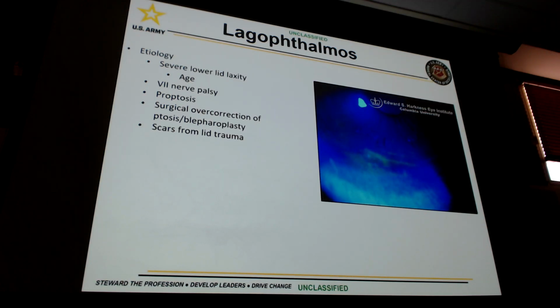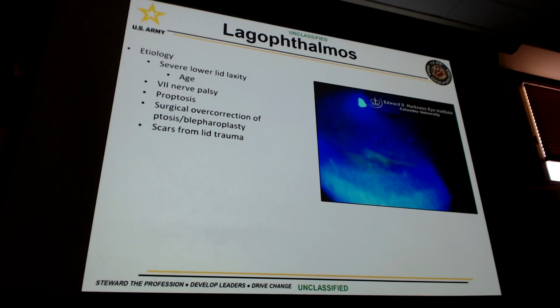Proptosis, what is that? Proptosis is what happens when the eyeball is protruding out of the eye. So if that eyeball gets pressed forward for whatever reason and starts to protrude out of the eye, we call that proptosis. Okay. So if we have proptosis and that eyeball is being pressed forward, then the lids aren't necessarily long enough to close over that eye.